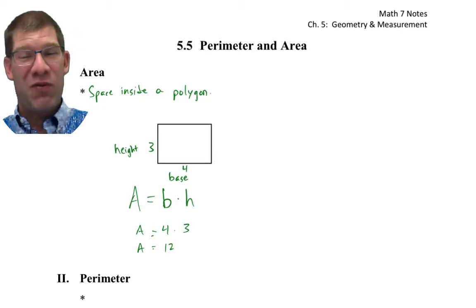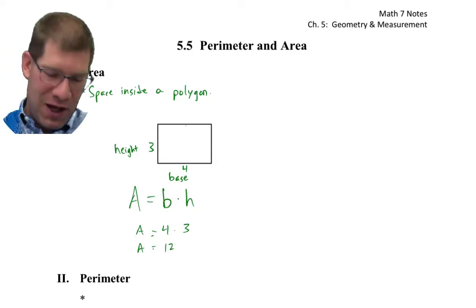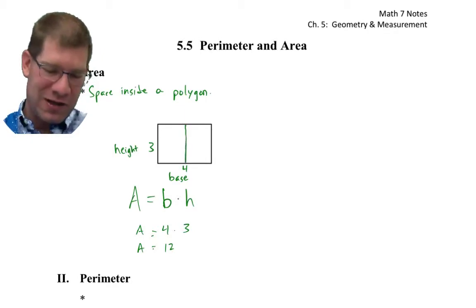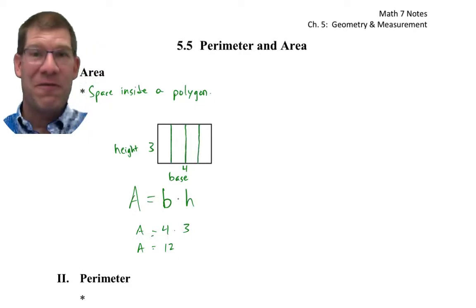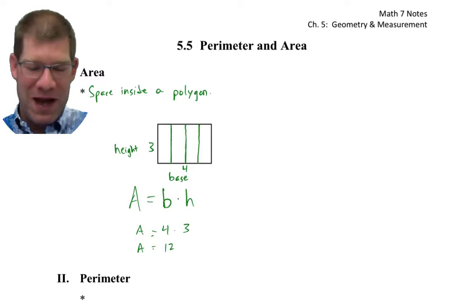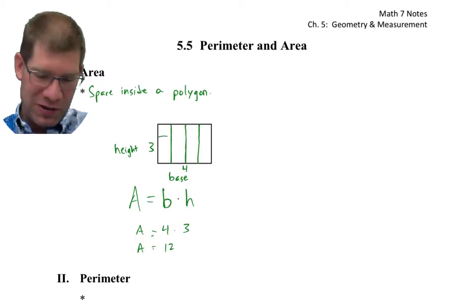But 12 what? Well, if I take this rectangle and put a vertical line right down here, and I'd encourage you to do the same thing on your notes, that cuts it in half. I'm going to cut it in half again. So now you can see that I have 4 lengths along the bottom. I'm going to do a similar thing for the height. Hopefully they look like little squares.